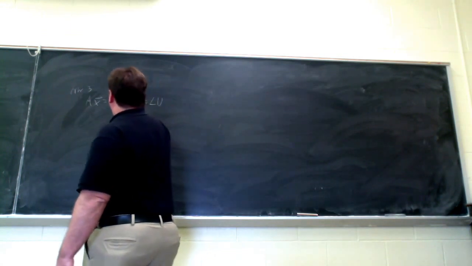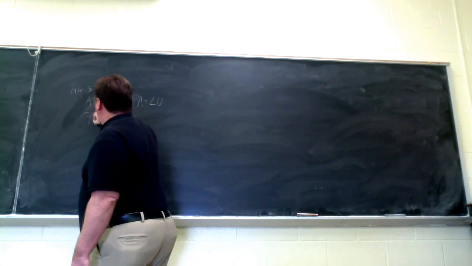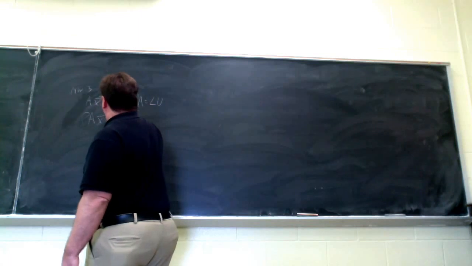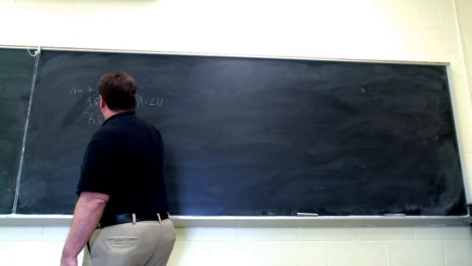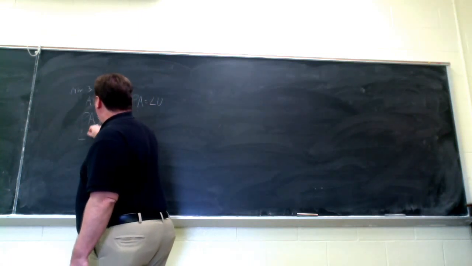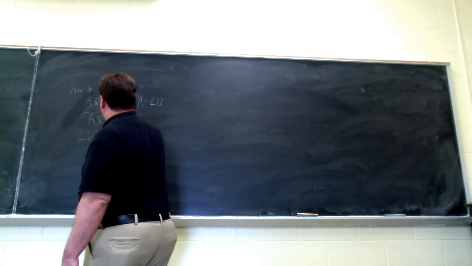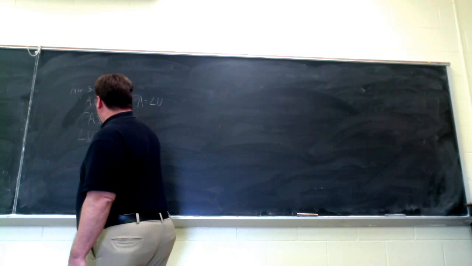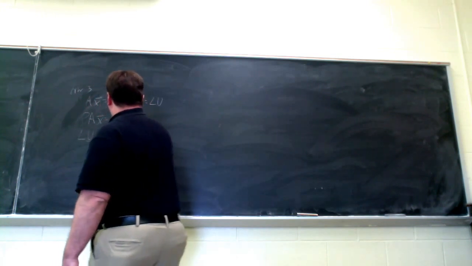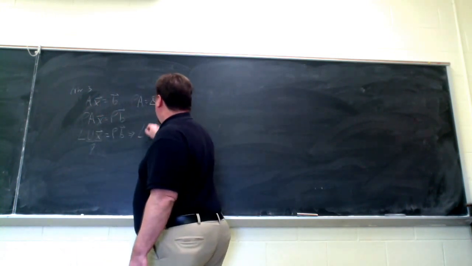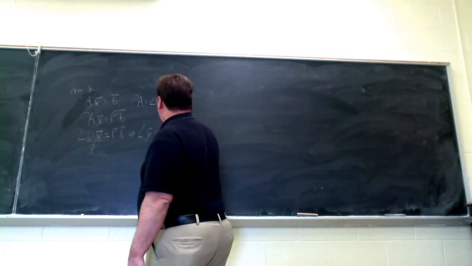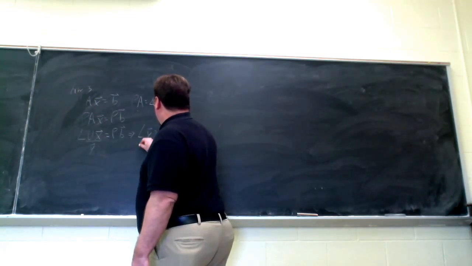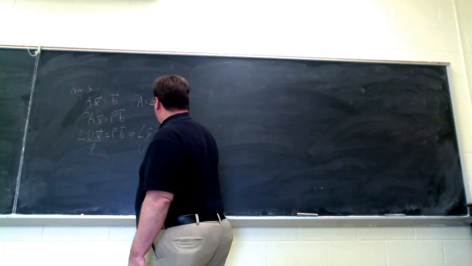To take advantage of it, you multiply both sides by P. So PAx equals Pb, and PA becomes LU. If we call Ux equal to y, the systems you solve are Ly equals Pb, and then Ux is equal to y.